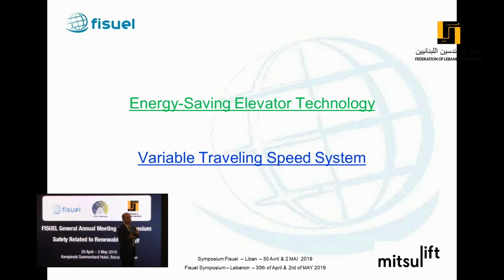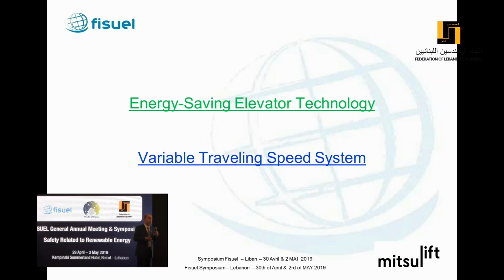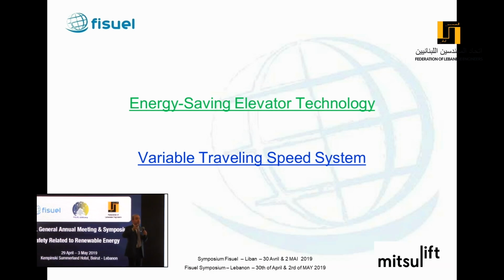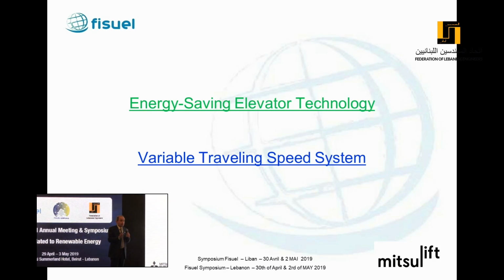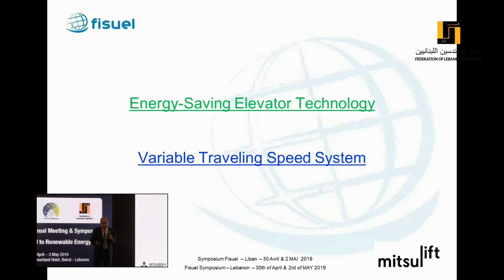So the main components like the traction machine and inverter are mainly calculated based on those factors. It means that the car cannot run faster than its rated speed and cannot be loaded more than its full capacity. But with VSE, variable traveling speed for elevator, it will be possible to make it run faster than its rated speed. And this is new in elevator technology.